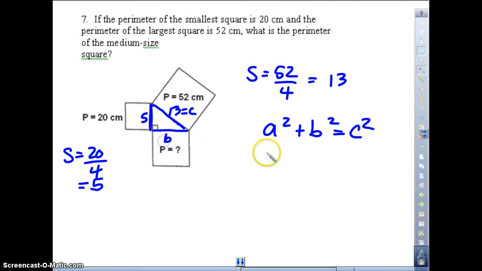Let's call this side B. 5 squared plus your B squared equals your C squared. Square those two numbers.